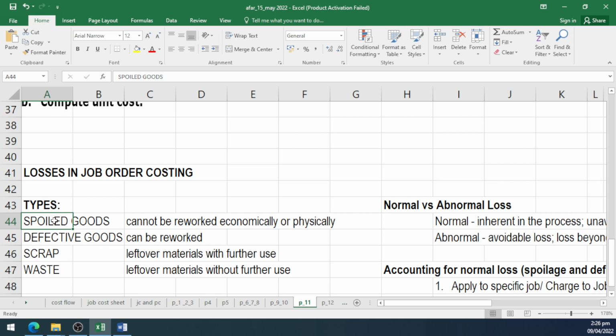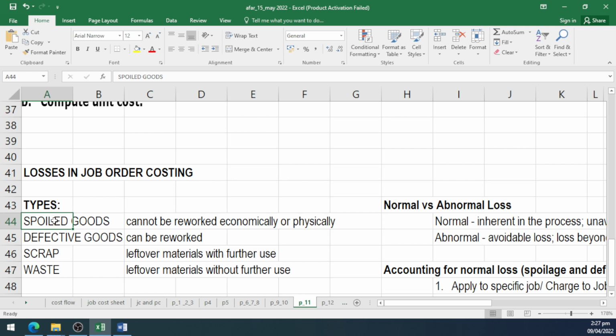So, the cost of spoiled units minus the salvage value, that is the loss actually. Yung unsalvageable or unrecoverable cost of spoiled units, yun actually yung loss natin dyan.